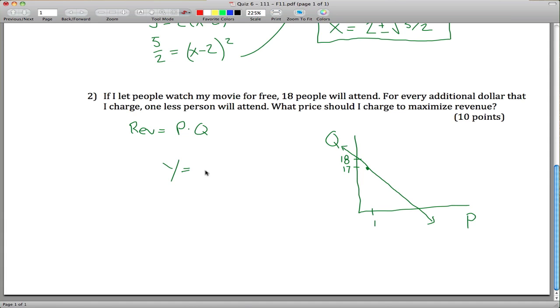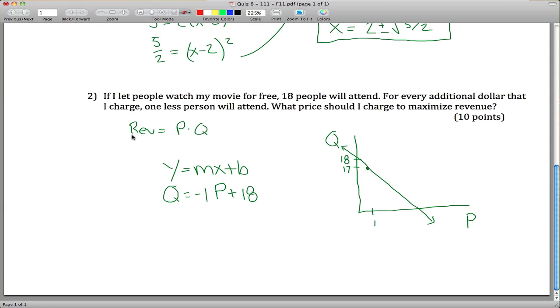So actually in this case we can start straight with y equals mx plus b, because we're given that b equals 18 and that m, the slope, is negative 1. Maybe instead of y and x, it would make more sense to put in a q and a p, since we're using q's on the y-axis, p's on the x-axis. So what we have here is quantity equals -1p plus 18.